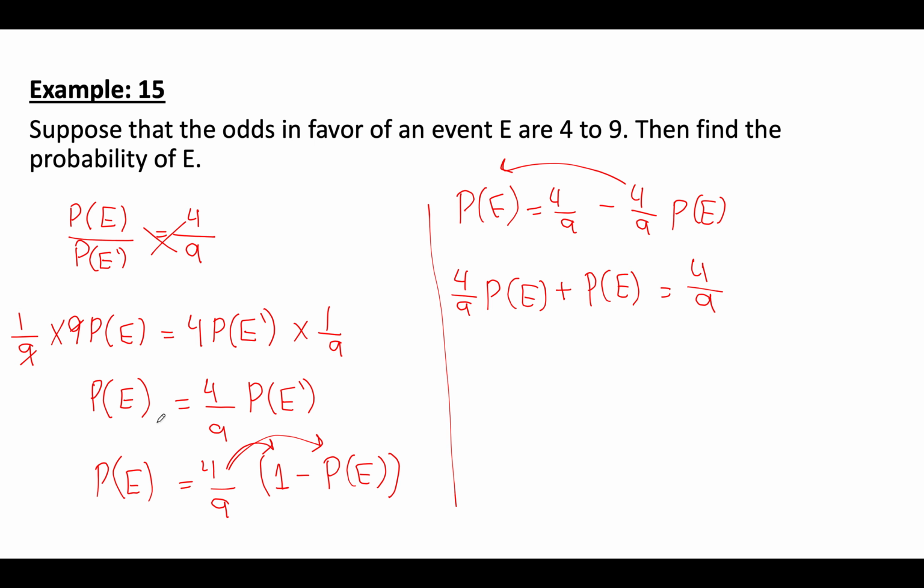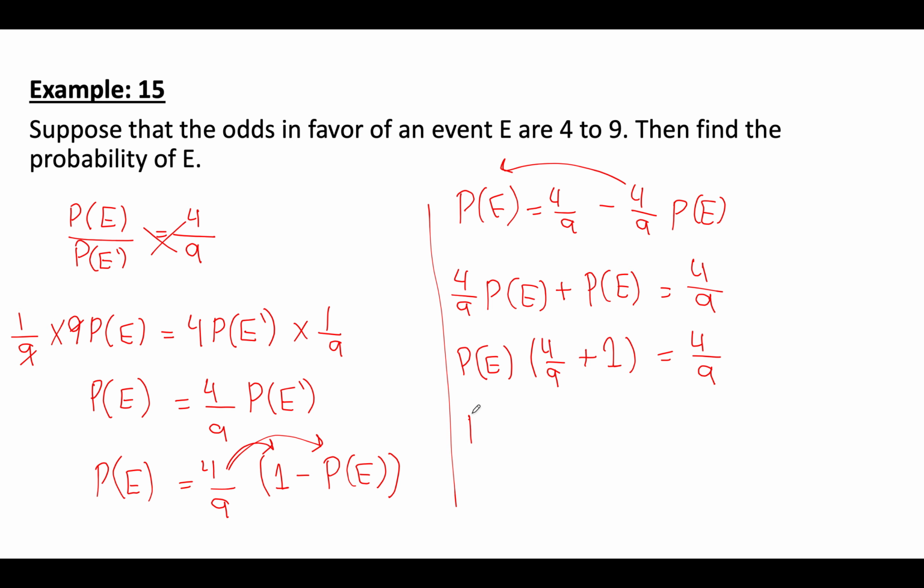So by taking the common factor, we get P(E) out, then 4 over 9 plus 1 equal to 4 over 9. All right, now we will add those together.